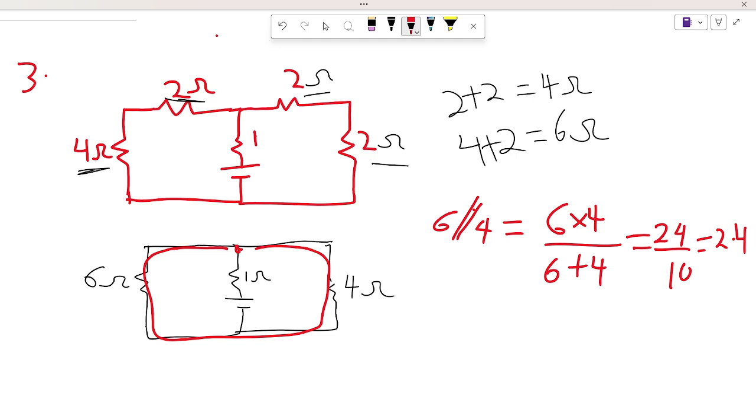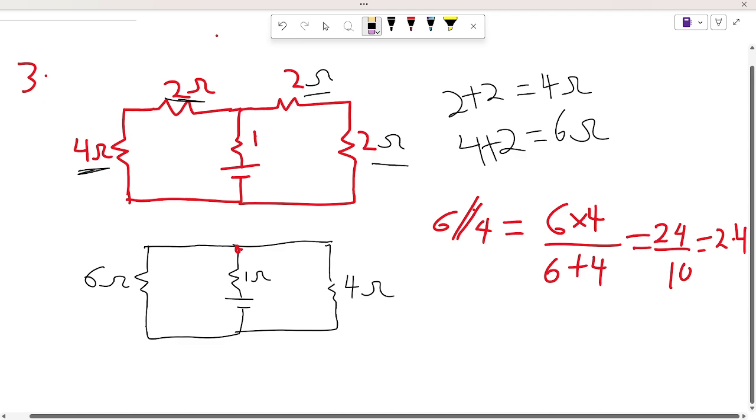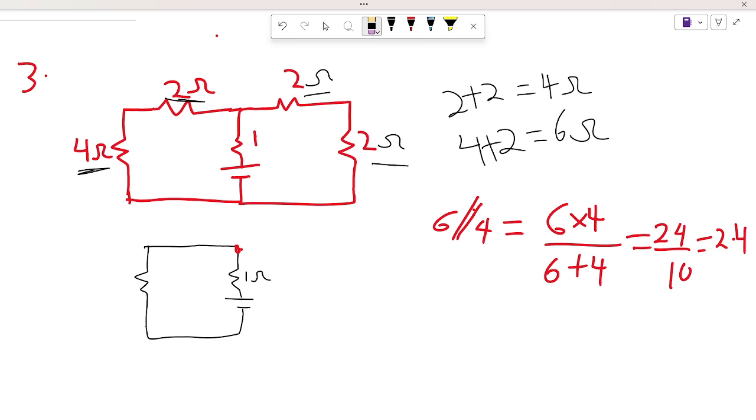Okay, so we can further reduce our circuit to get this. So that's going to be 2.4 ohms.